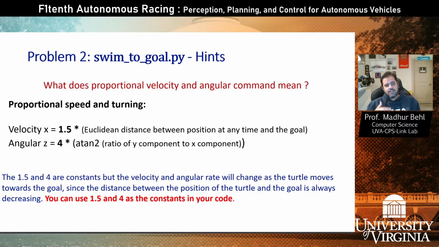So proportional speed and turning means that the x velocity and angular z velocity are proportional to the remaining distance, and you can use the hint that is displayed here. You can use the same components, but it's not required. You can change them as you see fit as well. What we are looking for is that the turtle swims to the goal with this curve, and we can see how the angular rate and the linear rate are proportional to the distance. So this is really what you have to submit.